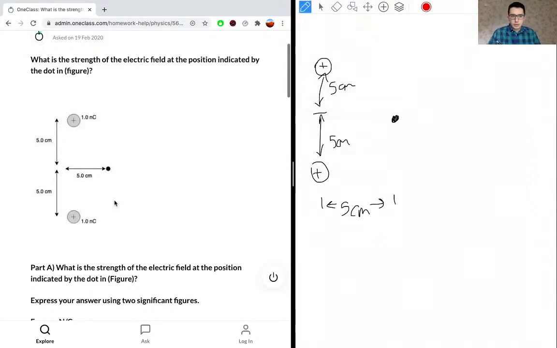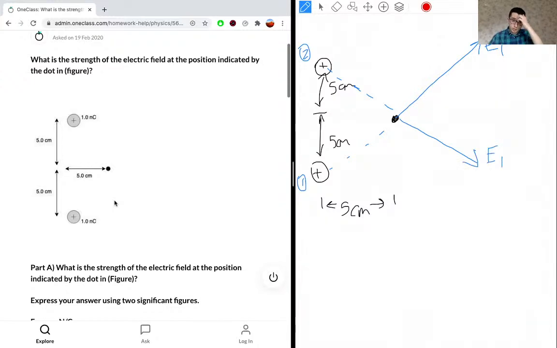For a positive particle, the electric field at the dot will be pointing outward. So the electric field line will be over here. So this will be E1. Let's call this particle 1, and this will be particle 2. And then similarly, because it's a positively charged particle, it would point out like that.